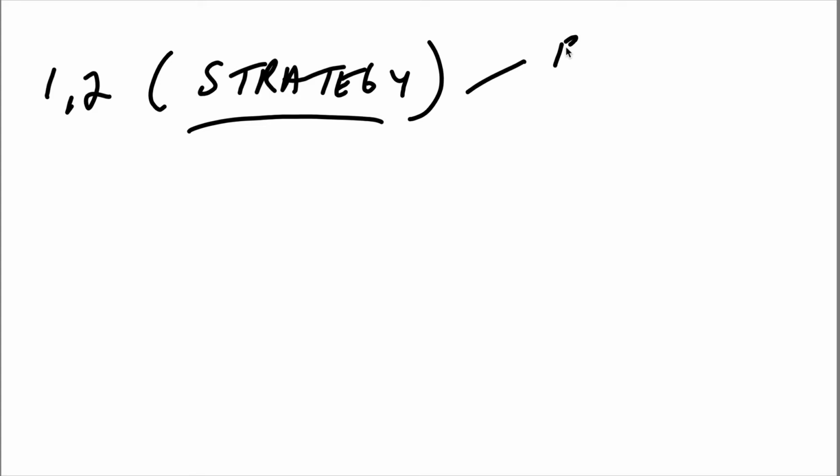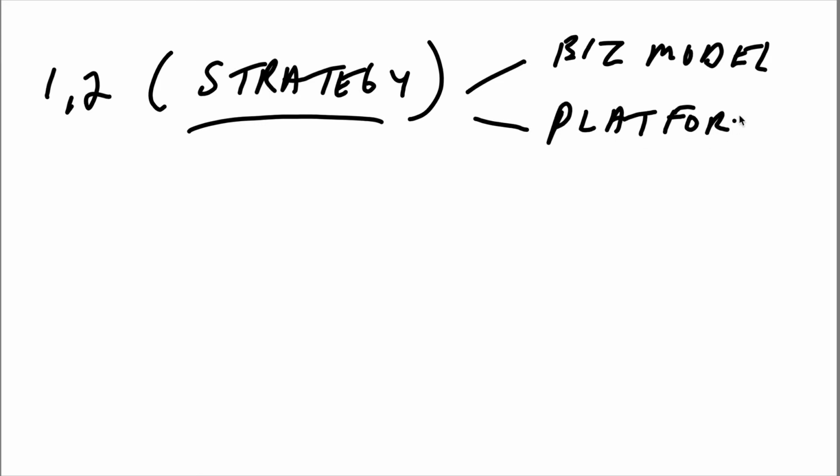So you really need to understand the business model for affiliate marketing, exactly how it works. And you need to understand and choose your platform for doing affiliate marketing. So we discussed in that first video that our platform for this strategy is going to be using a website. So that's our platform for affiliate marketing.